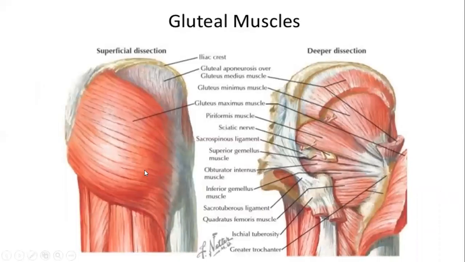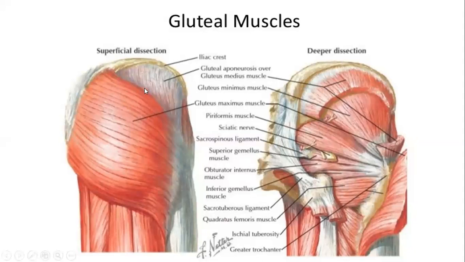Now let's see a diagram showing the different shapes and locations of the gluteal muscles. Look at the diagram on the left side. You can see the bulkiest, the largest muscle in the gluteal region, and superficial as well, which is called gluteus maximus.